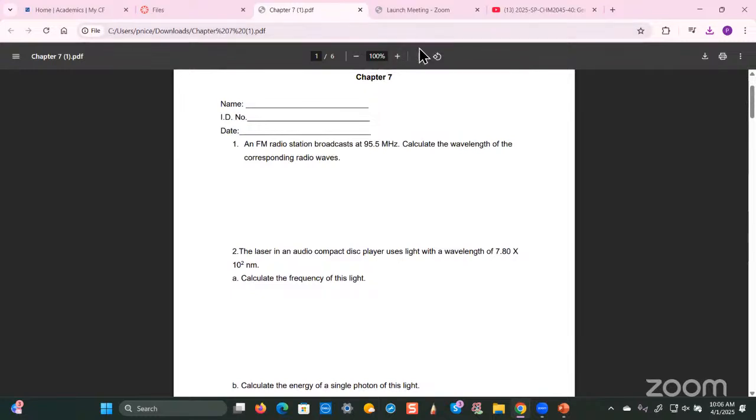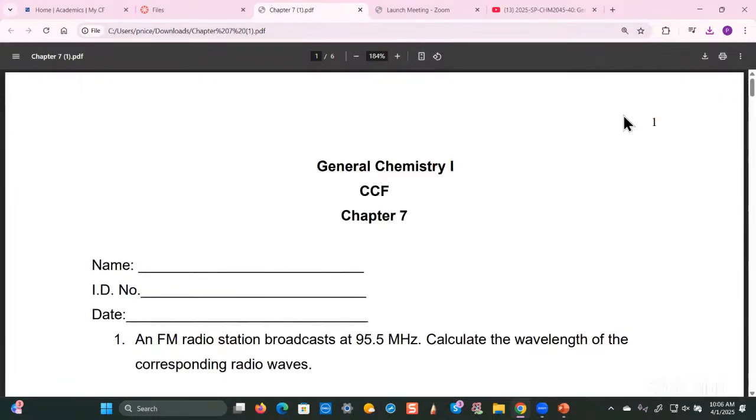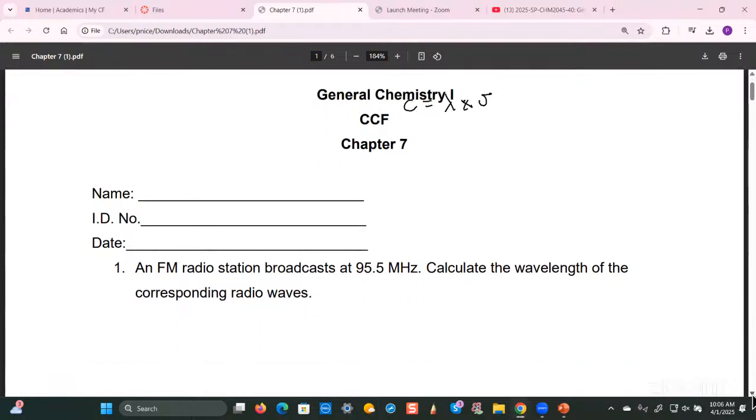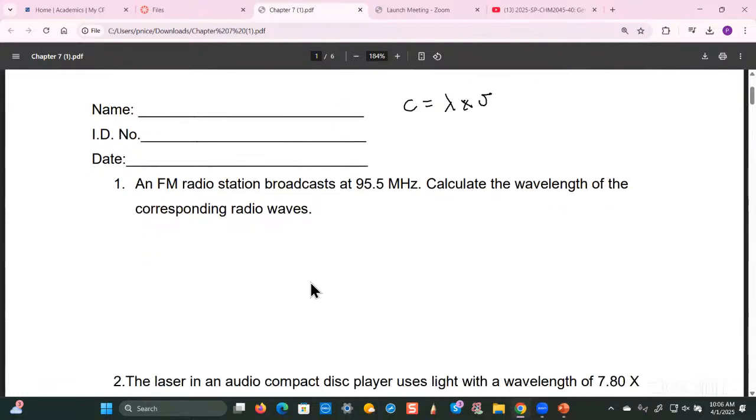So the equation that we'll be using in each case is the equation I introduced to you, which is c is equal to lambda times nu, all right? Remember, lambda is the wavelength, nu is the frequency, and c is the speed of light. So, for the first question, it says an FM radio station broadcasts at 95.5 megahertz.